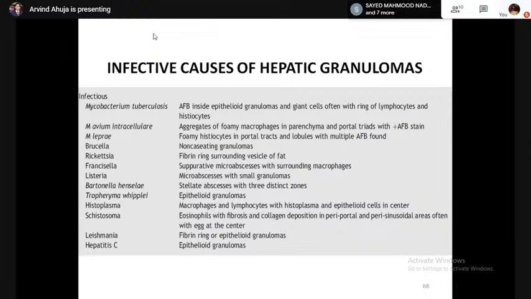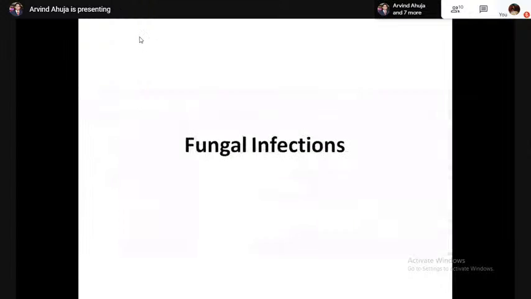Then you can find small granulomas in this area also. The most common fungal infection in which granulomas can be seen is histoplasma, and helminths can also show granulomas, like schistosoma. You can find granulomas in case of leishmania, and very rarely in hepatitis C infection also.